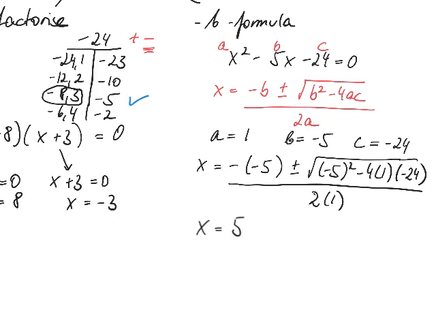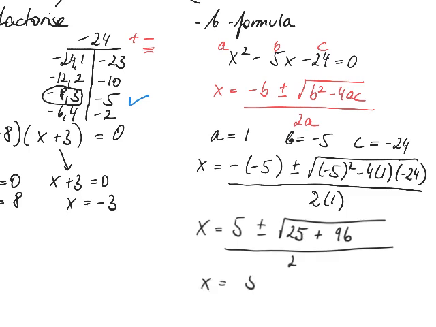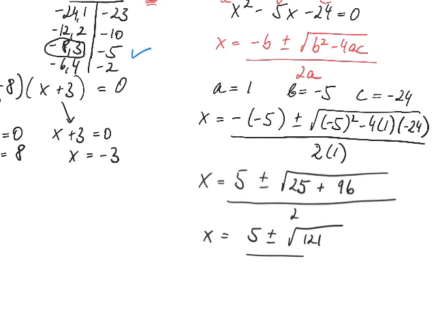So that would be 5 plus minus the root of 25 plus 96, over 2. That gives me 5 plus minus the root of 121, over 2.